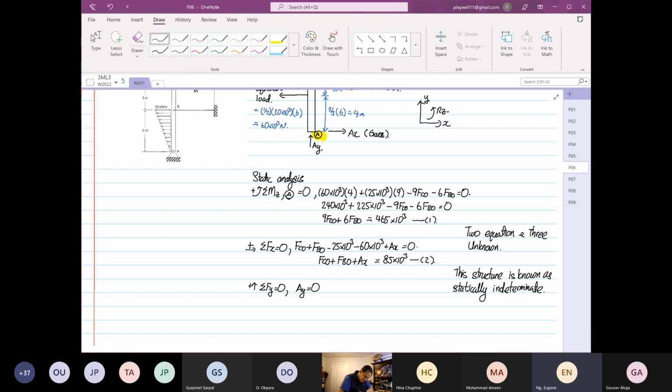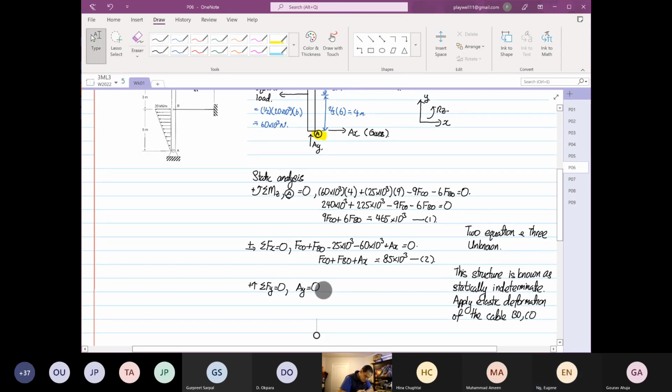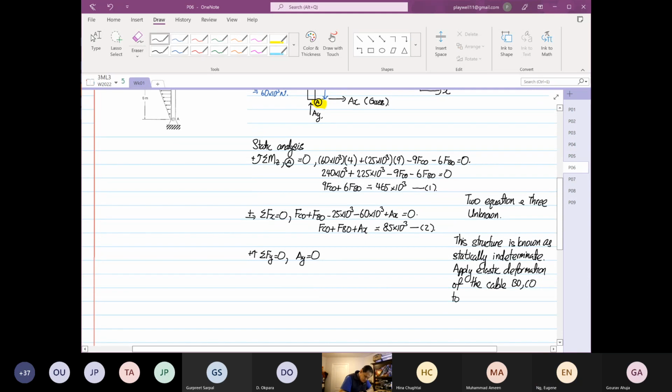So we have to apply elastic deformation of the cable, which is our B naught and C naught, to form another equation.